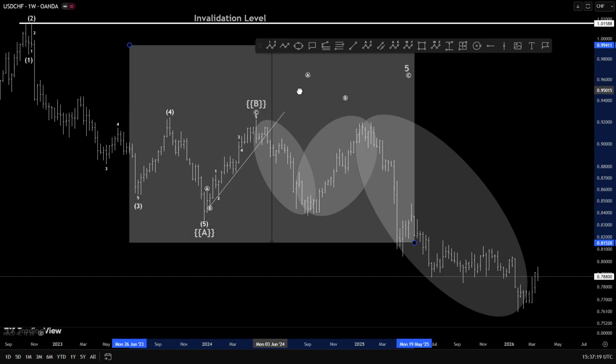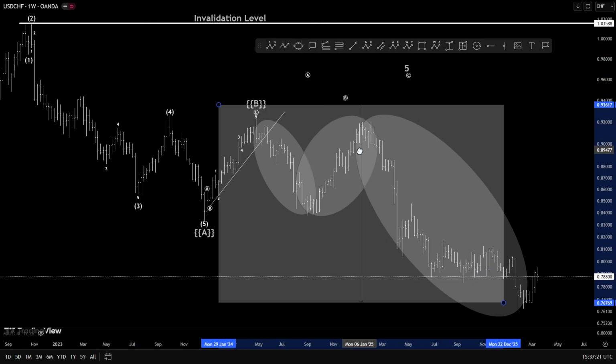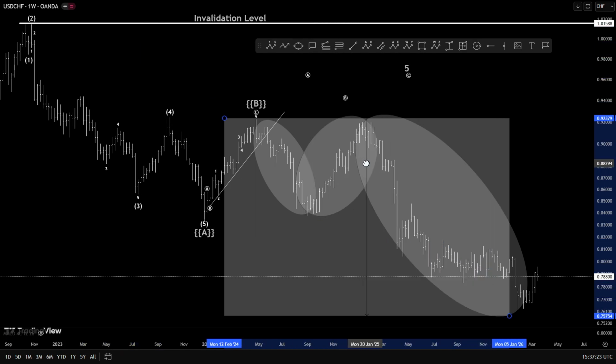The range of wave A can be equal length to wave C target. If you look at it, it is almost the same thing, but it is not a rule. You understand? This is not a rule that this is a must. Okay, just showing you one or two tricks that we use so you can also know about it.